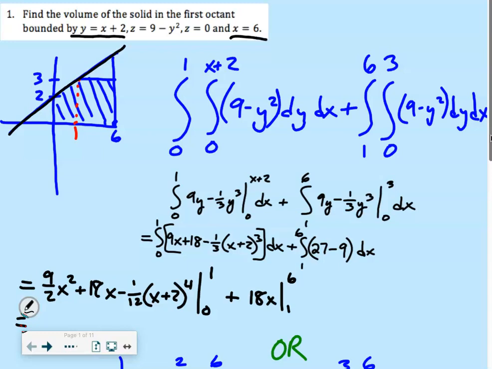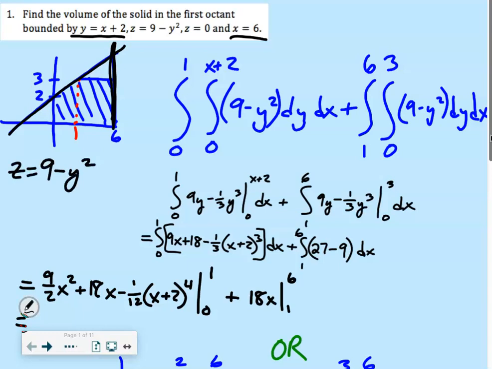This one, x equals 6, pretend that's straight, that's that line right there. And then z equals 0 is just the whole plane here, so that doesn't matter. But then z equals 9 minus y squared.